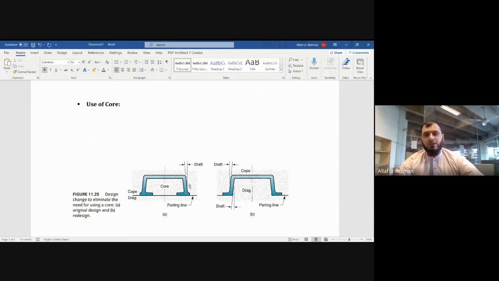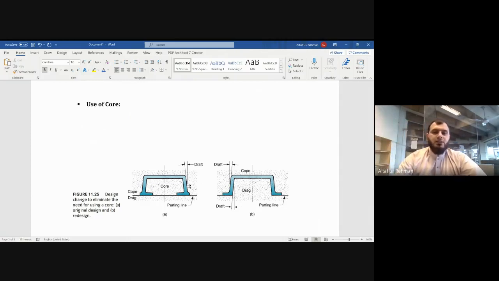And it is because, if we are thinking in respect of expendable mold casting, it will provide ease of taking out the pattern. So in expendable mold casting, draft helps to easily take out the pattern from the mold, while in permanent mold casting, draft helps to take out the part easily from the mold.